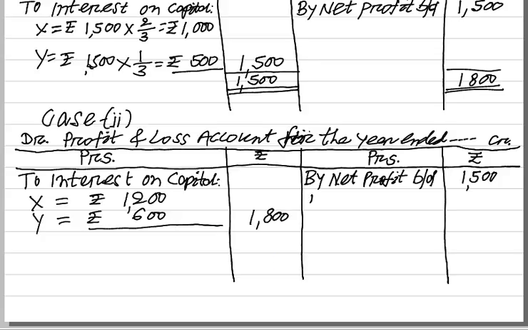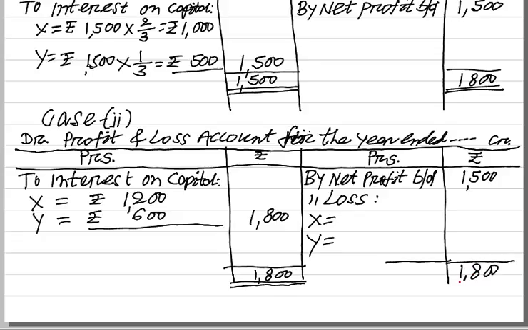and there is loss transferred to capital accounts for X, for Y, and the total. This is 1800 in all, both sides. 1800 in debit side and credit side. The totaling is the same, and the difference is the loss of 300, which is net loss.